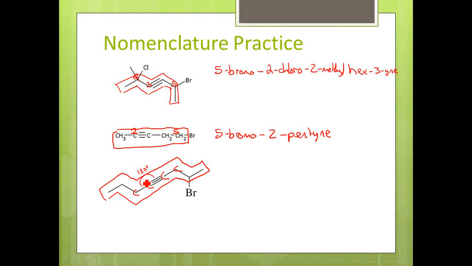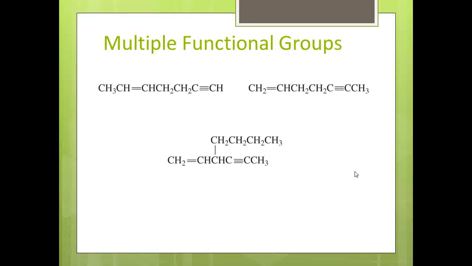That puts our backbone something like this. And then we'd have a triple bond beginning at the 4th carbon or the 4th carbon. Since it's a tie, we're going to let the bromine decide it. 2-bromo, 4-octyne would be our molecule.